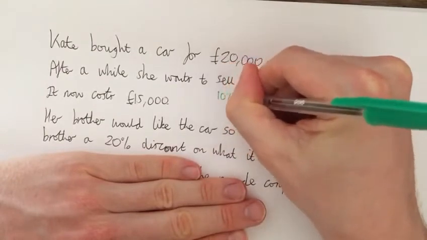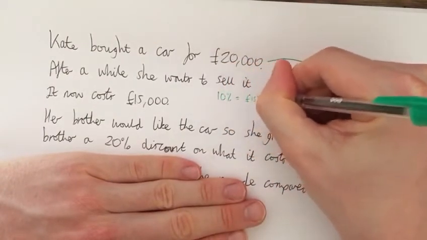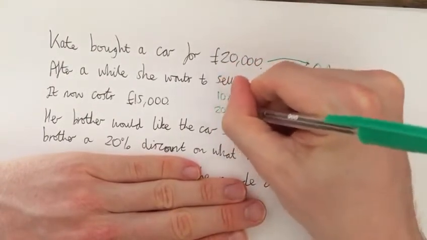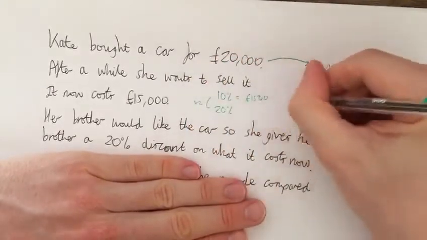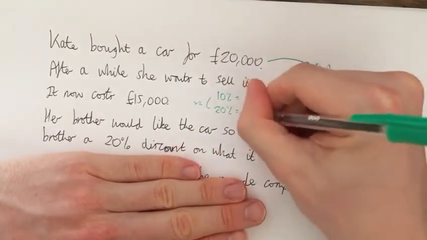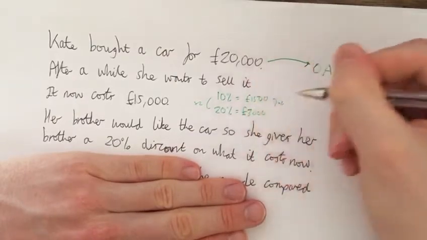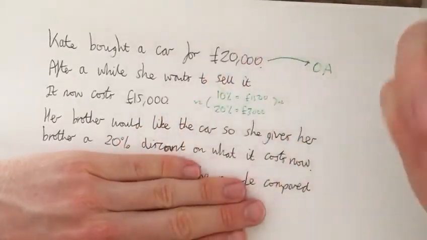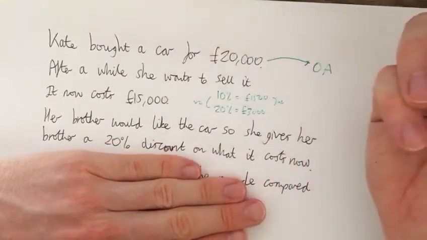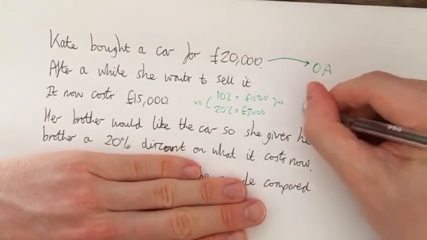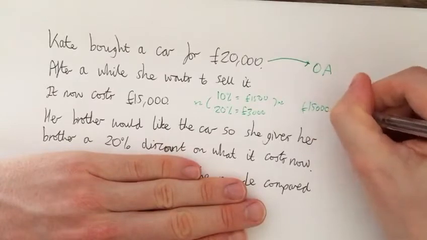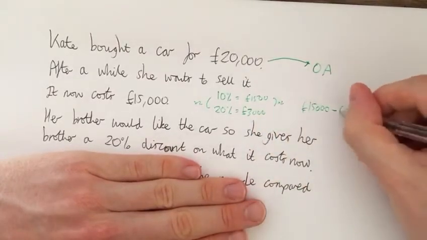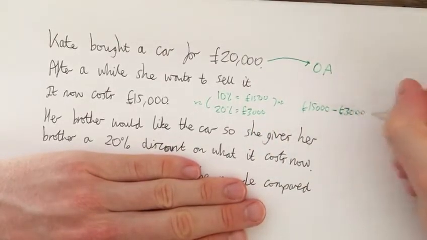10% of 15,000 is 1,500. I want to find 20%, so I times it by 2 to get 3,000. 20% discount indicates that they're going to take it away from the 15,000. So £15,000 take away the 20% discount, which we know to be £3,000.